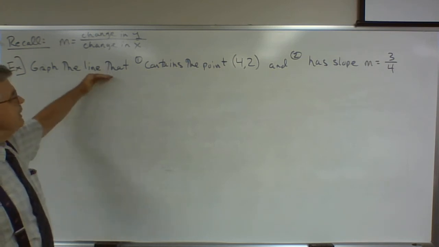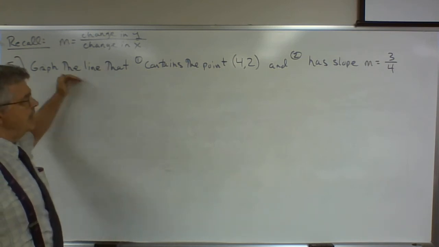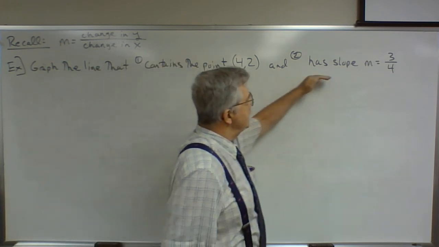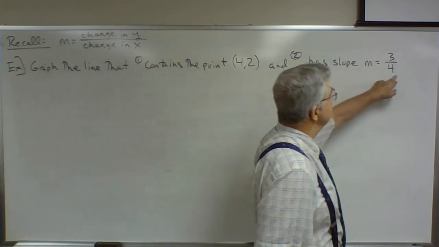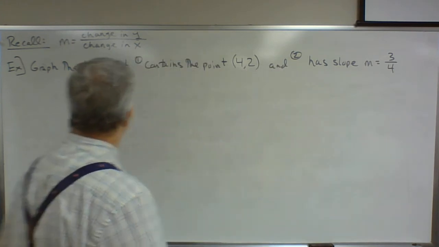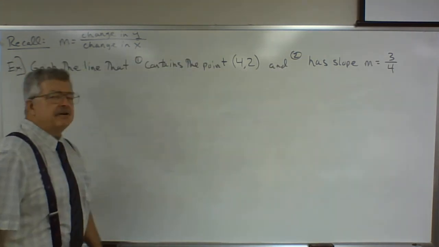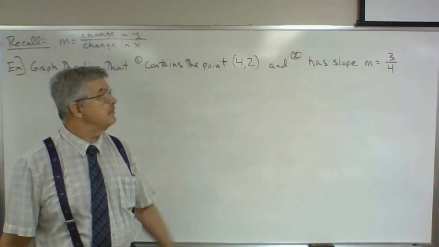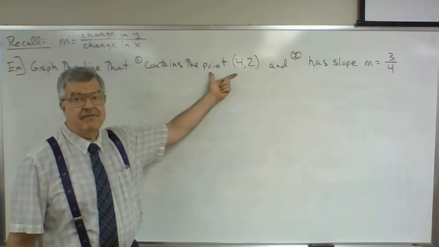And so we're given the exercise: graph the line that contains the point (4, 2) and has slope m equals 3/4. I'm not sure how to start this, so I'm going to do the only thing that I know for sure how to do, which is graph that point.